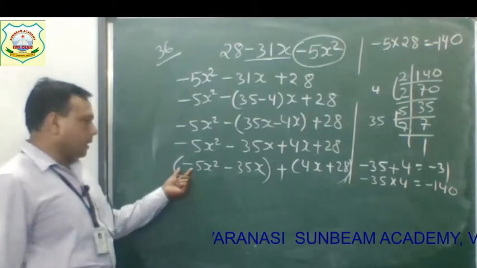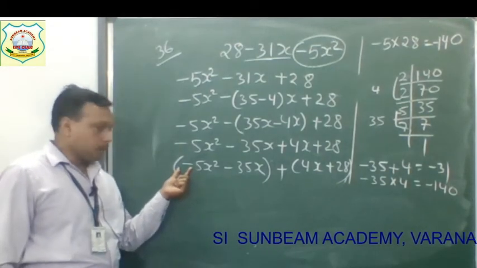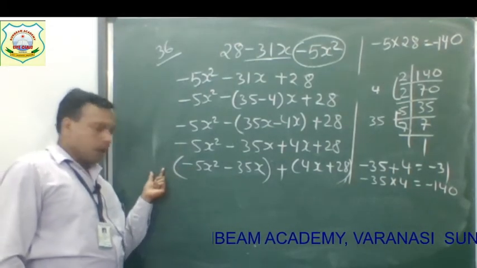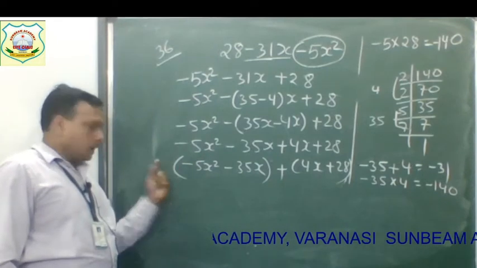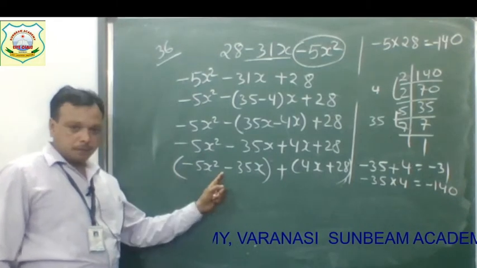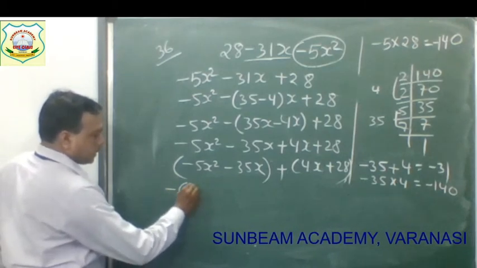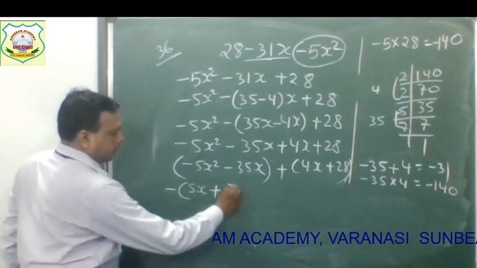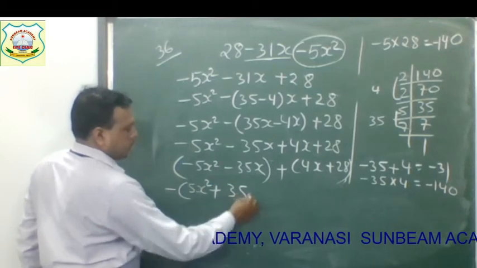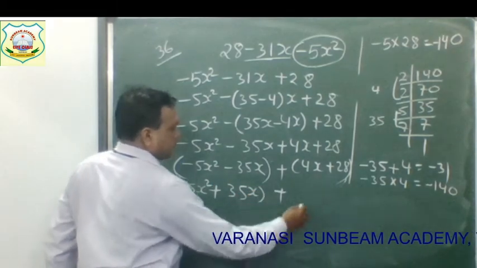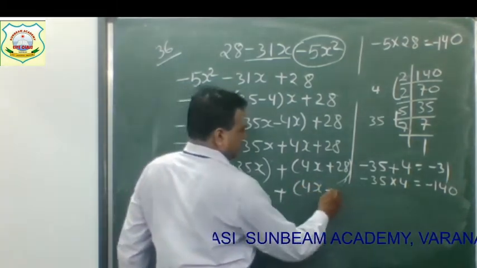Students, here we will take the minus as common, meaning the minus will come outside. When the minus comes outside, all the signs will change. So first of all we take the sign outside: plus 5x square plus 35x. This is x square, this is x, plus 4x plus 28.